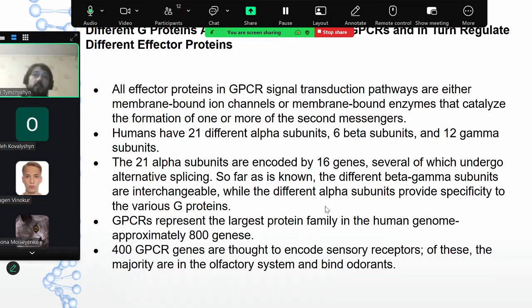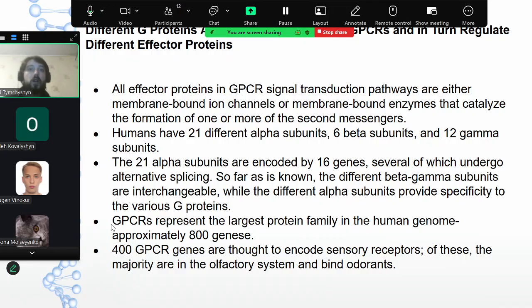As far as is known, the different beta and gamma subunits are interchangeable. So everything is more about alpha subunits. And GPCRs represent the largest protein family in the human genome, approximately 800 genes. So you see that these G proteins are really interesting from the scientific point of view, because many genes correspond to GPCRs, and many processes are controlled by GPCRs.